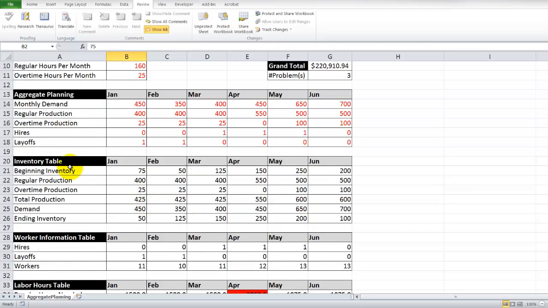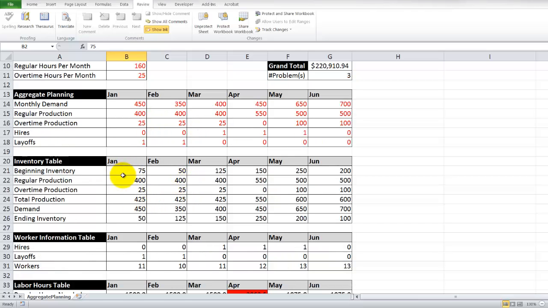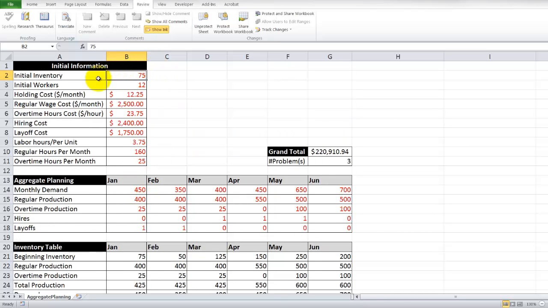So all of these formulas here, essentially anything that's below row 19, is going to be protected, so I can't come in here and just overtype a cell with a static number. For example, maybe I just wanted to come down here and say all our beginning inventory is 100 this month, and I should have updated that initial inventory figure here.